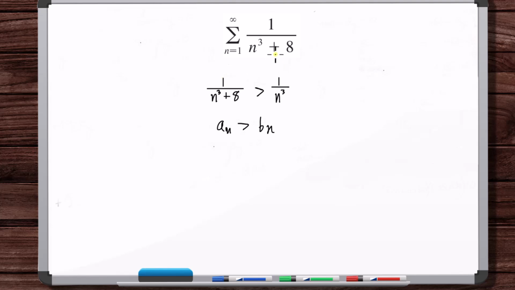Another reason is that we know the convergence behavior of a series with this b sub n in it. This is a p series with p equal to 3. We know this is convergent.